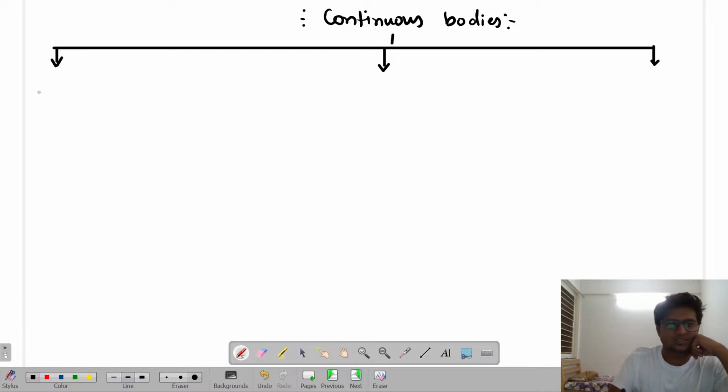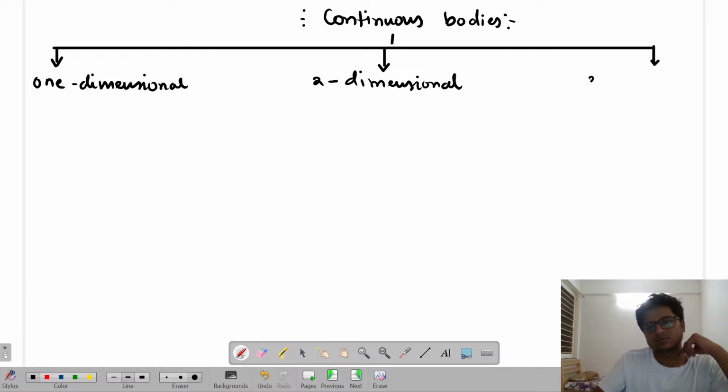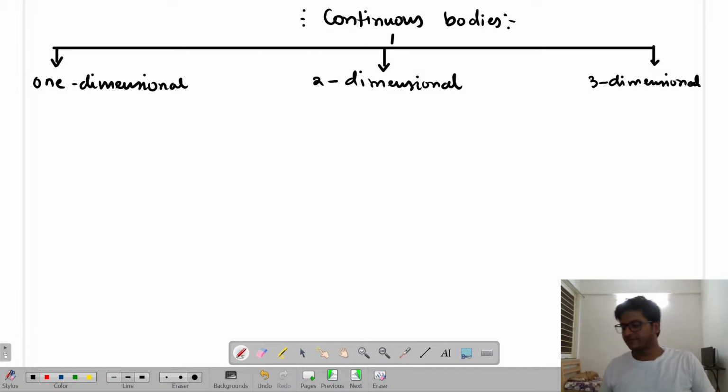The first one we call a one-dimensional body, the second one we call two-dimensional, and the third one we call three-dimensional. Is that clear? So we have three different kinds of bodies.